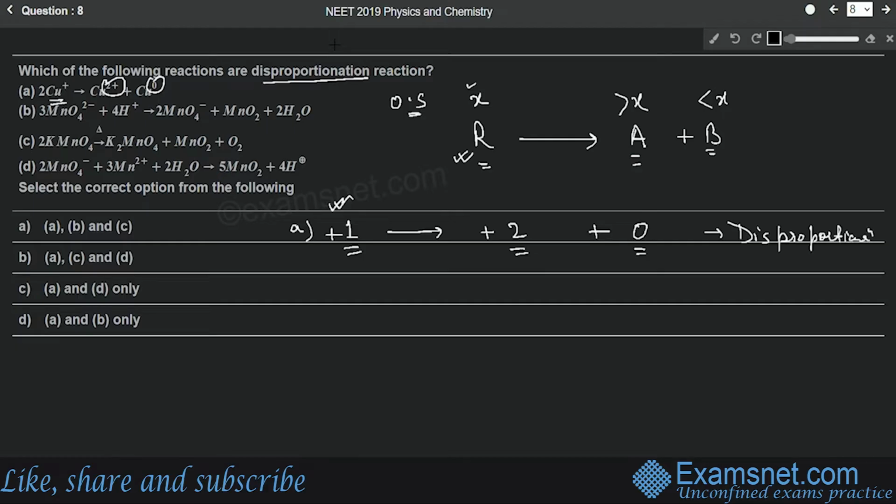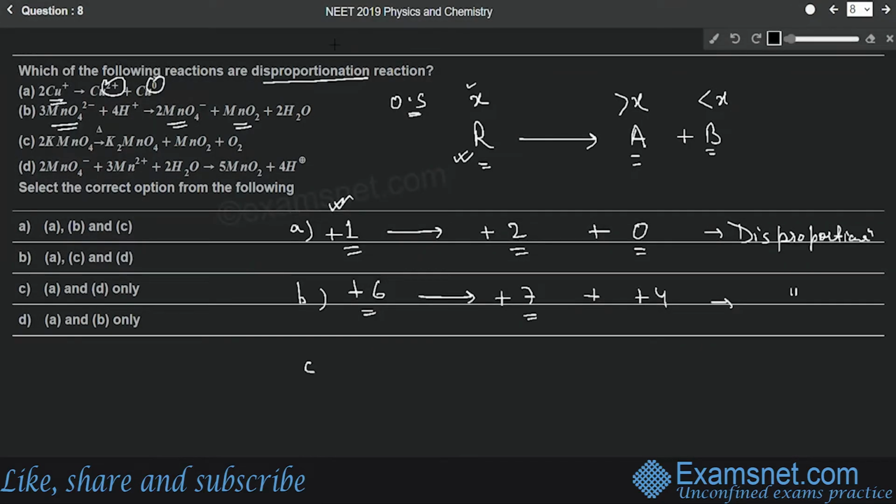Now in the second one we can see that the oxidation state of manganese on the reactant side is +6, and on the product side it is +7 here, and in manganese dioxide it is +4. So again +6 is intermediate between +7 and +4. So this is also an example of a disproportionation reaction.